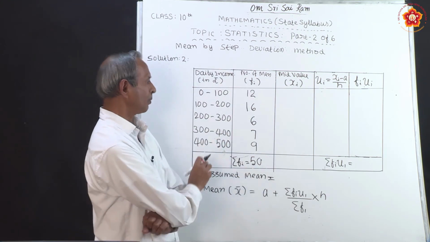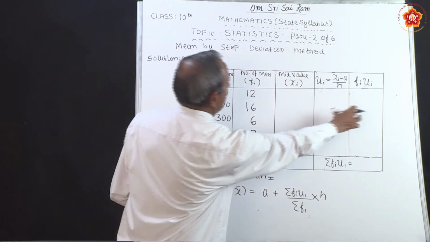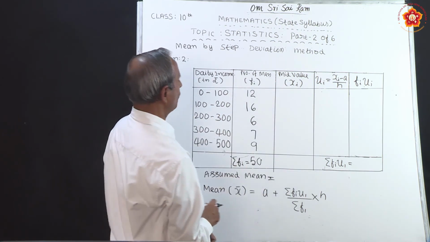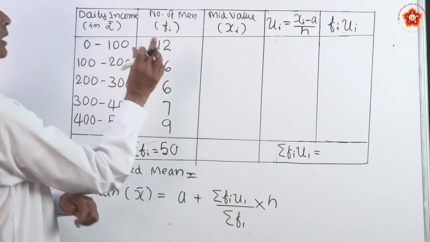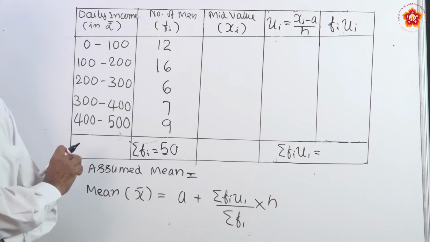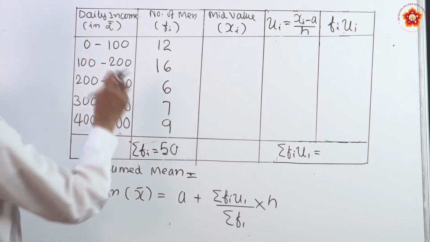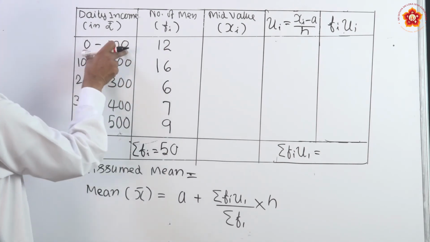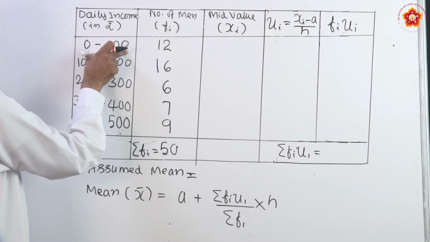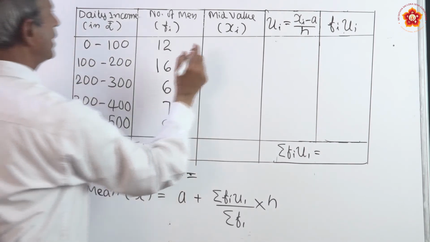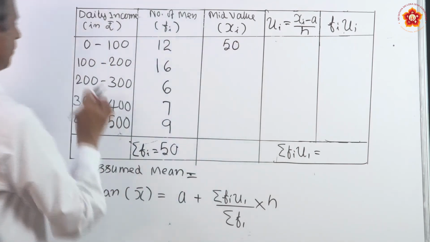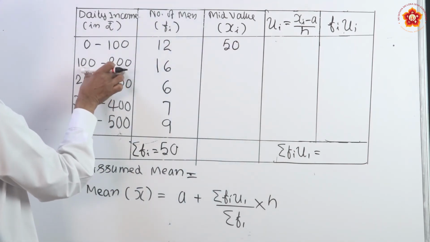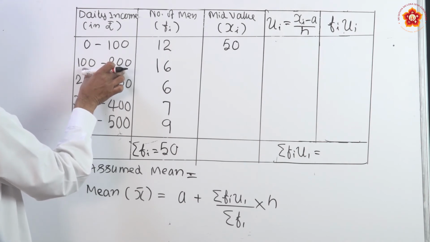Now we have to complete the other three columns. You already know how to find the mid value. Mid value is nothing but the class mark. For 0 to 100, if you add 100 and 0, you get 100, divided by 2, you get 50, the class mark for the first class interval. Similarly, 100 plus 200 is 300, half of that is 150.